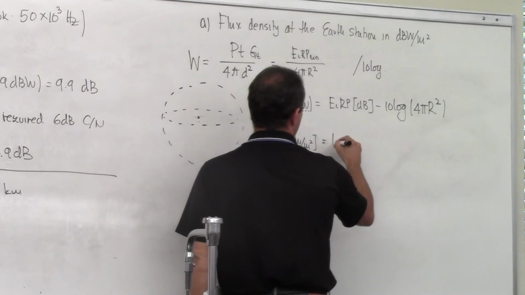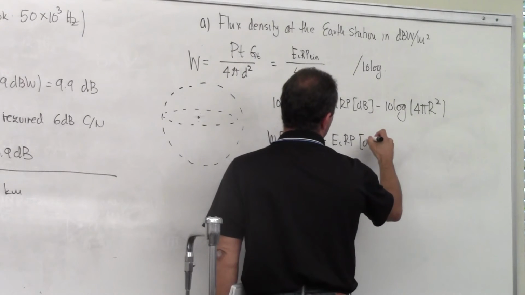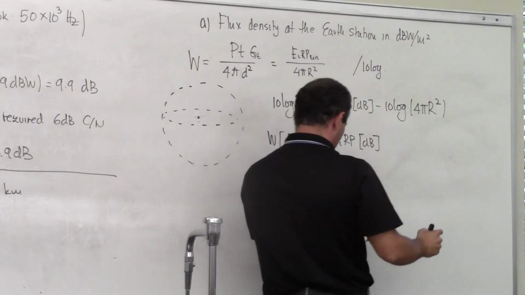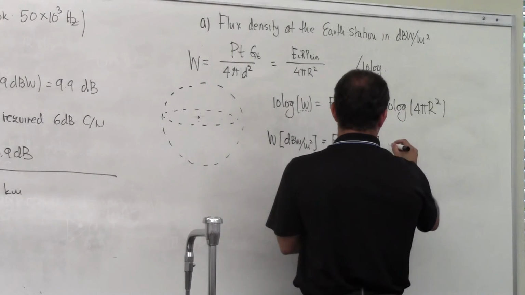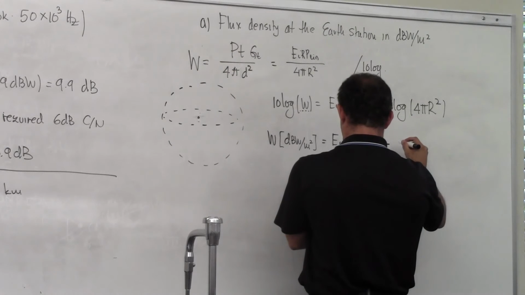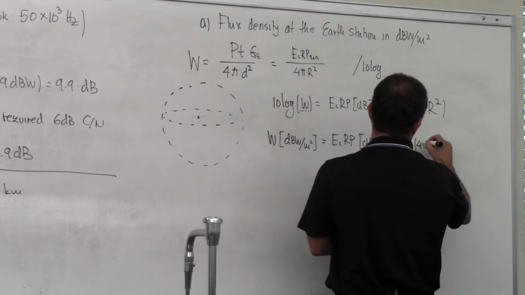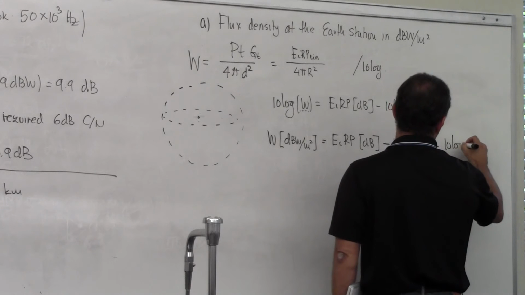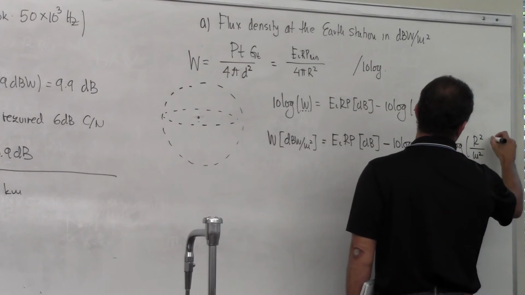That is going to be your EIRP in dB, and this quantity is in meter squared, right? So I can say minus 10 log of 4 pi, and then minus 10 log of r squared divided by meter squared.